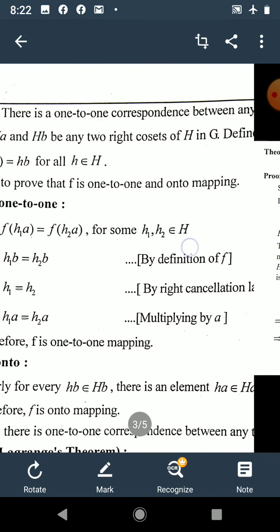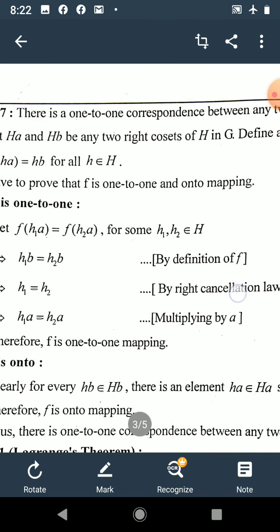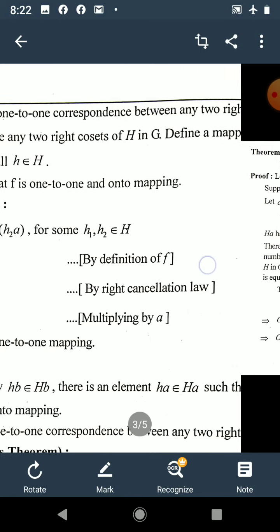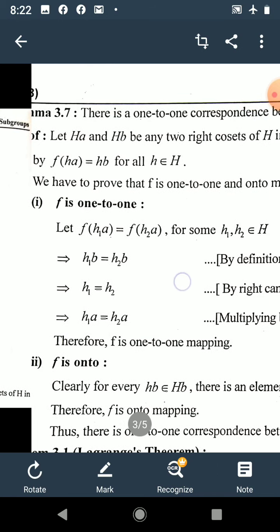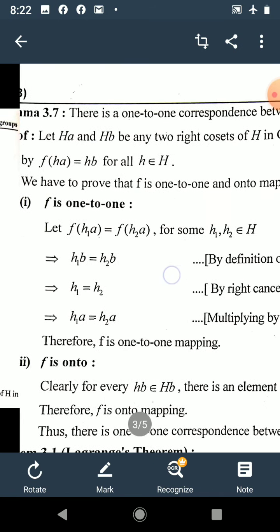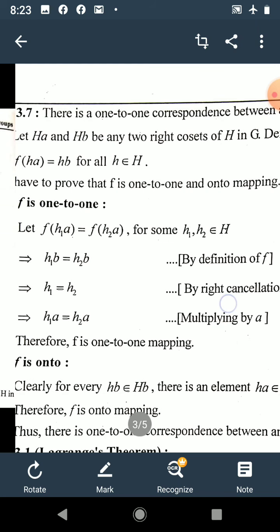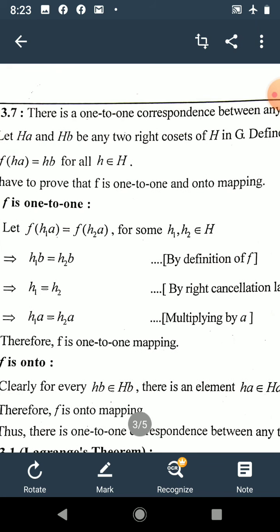For every hb belonging to Hb, there exists the element ha belonging to Ha such that f(ha) is equal to hb, and therefore f is an onto mapping. Both the conditions, one-one and onto, are satisfied, and therefore there is a one-to-one correspondence between any two right cosets of H in G.